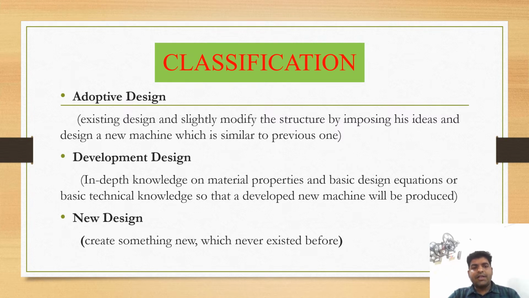The second one is development design, a developed design. In this design, there is in-depth knowledge of material properties and basic design equations or basic technical knowledge, so that the designer can develop a new machine to be produced.